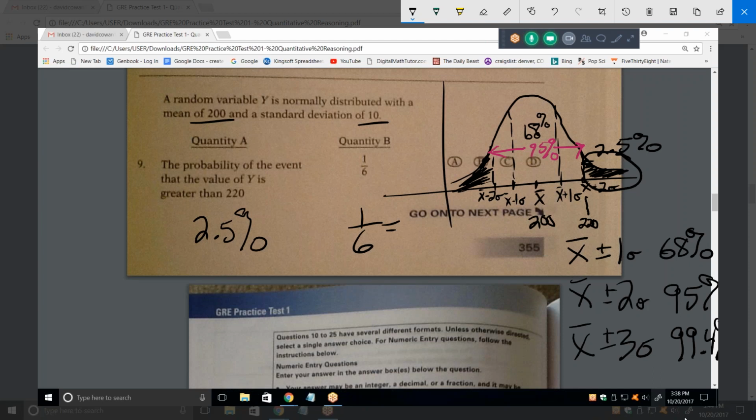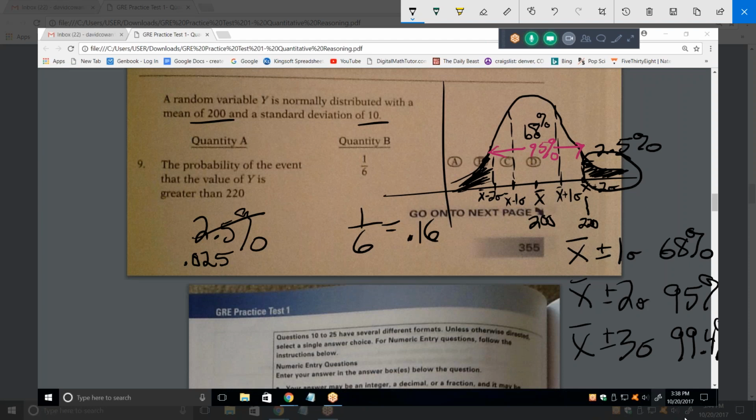I thought I had that memorized, but I guess I don't. 0.16. Yep. Whereas this one over here, when I convert it to a decimal, is 0.025. So quantity B is always bigger. 1/6 is always bigger than 2.5%.